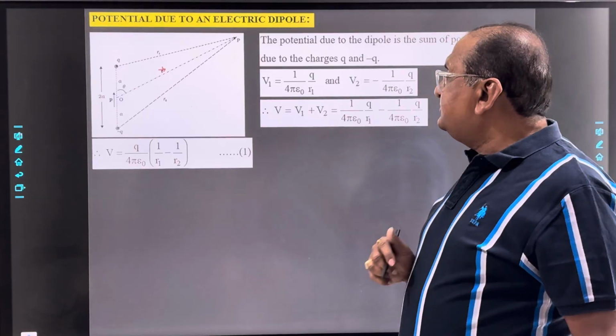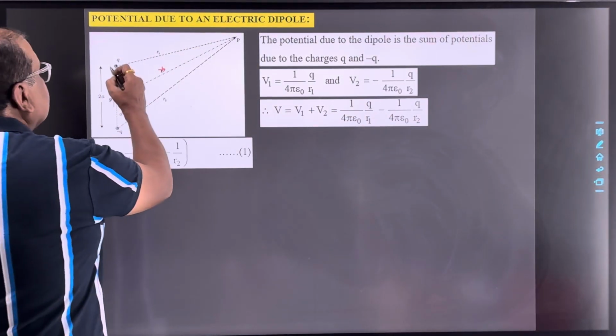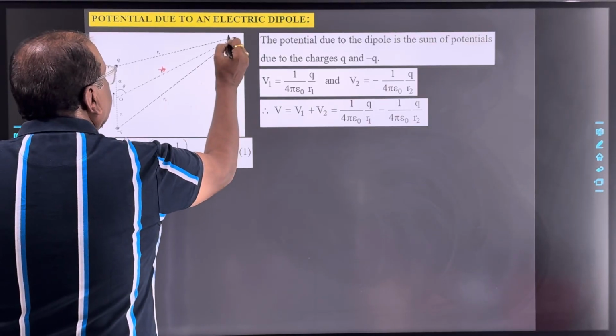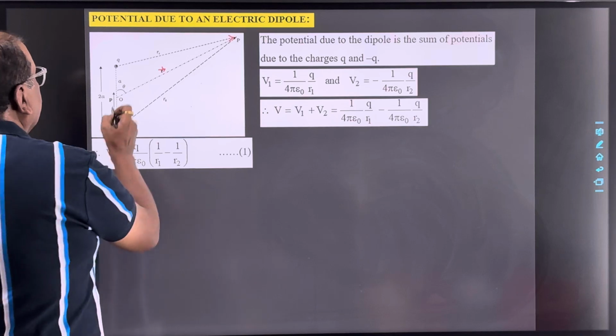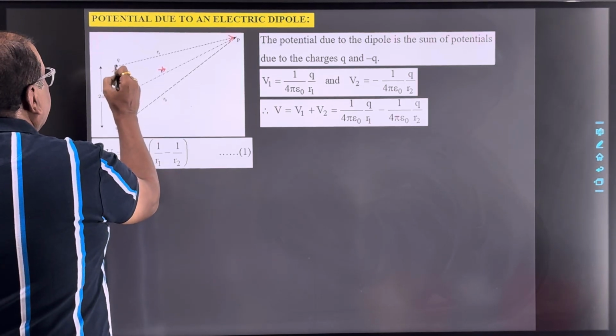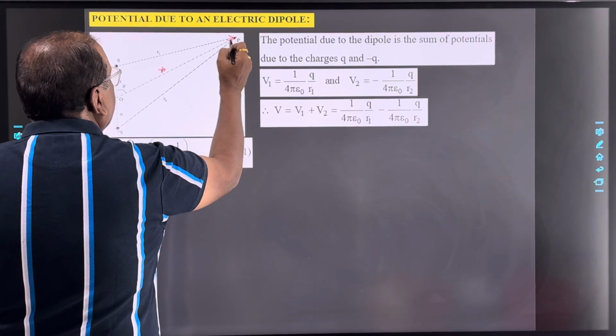Now see here, suppose we consider this position R1 as a position vector R1. The vector A is like this, and this is our R vector.